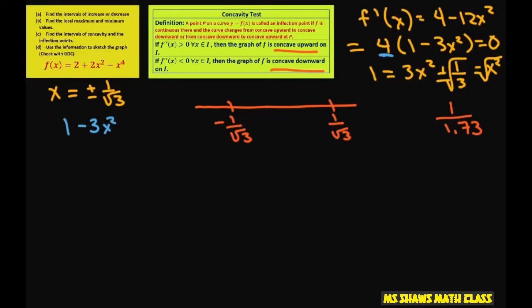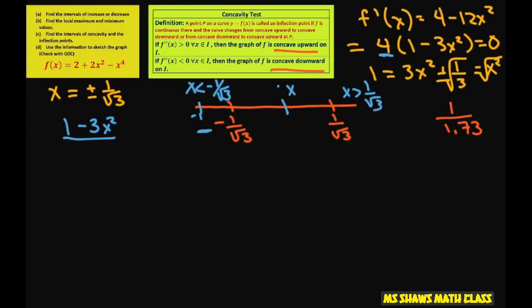So if I plug in, say, negative 1, this is going to be negative. Now let's write this: x is less than negative 1 divided by square root of 3, and this is x is greater than 1 divided by square root of 3.